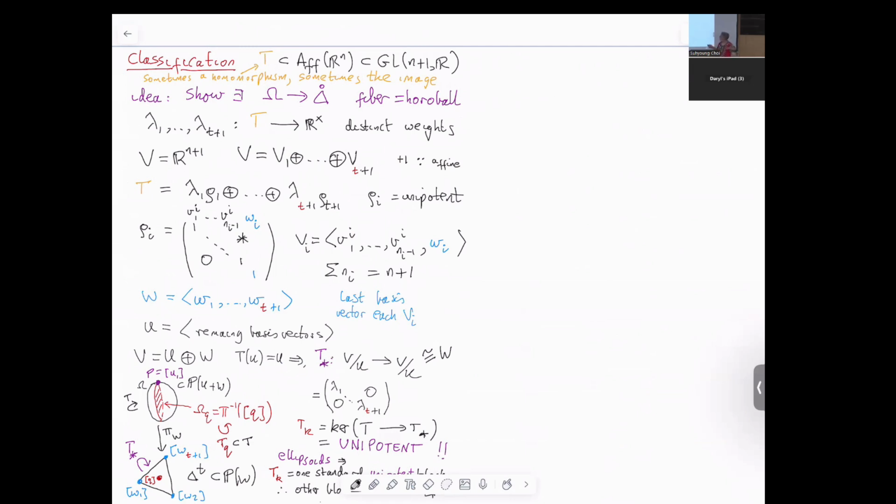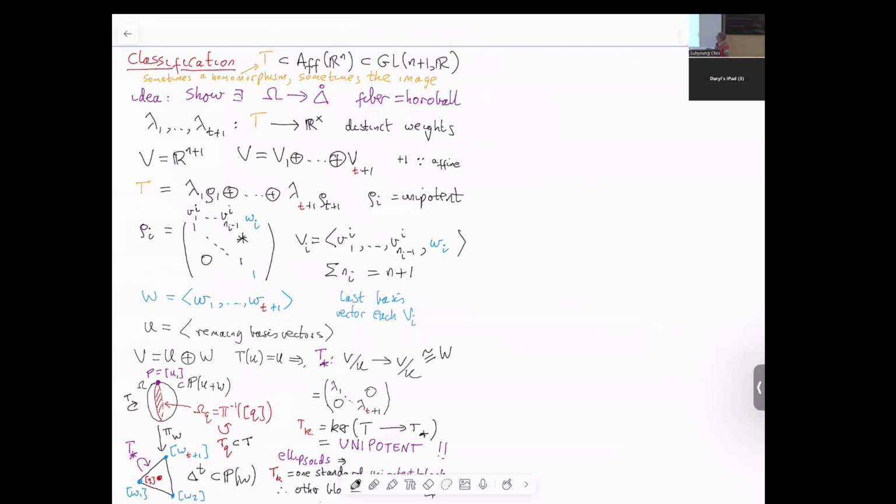The orbit of a point is this codimension 1 strictly convex surface in affine space. And sometimes T will denote a group, and sometimes it will denote the image of a homomorphism onto that group. So it's either a homomorphism from R to the n minus 1 onto a subgroup, or it's the image of that.